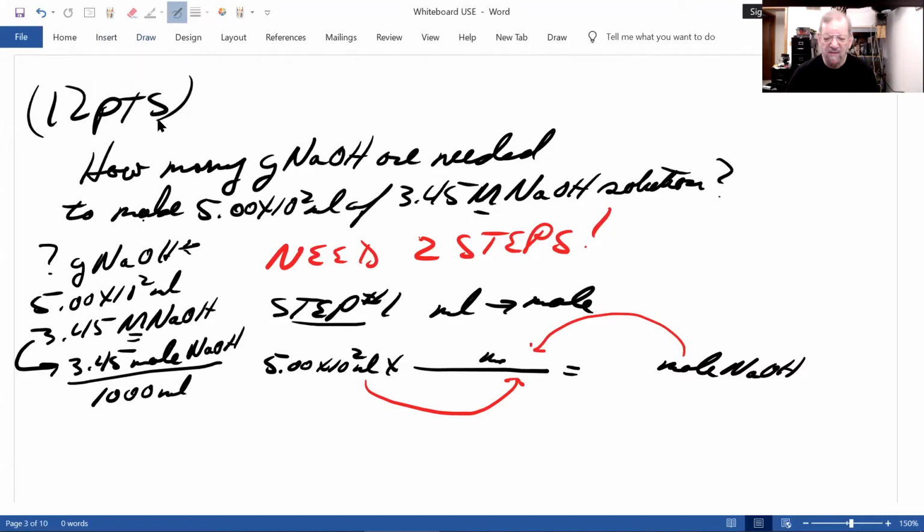And here we have moles NaOH. I have milliliters NaOH. Where do I get the numbers that go in there? Right here. I knew that this meant this, and I know now that 3.45 moles of NaOH per 1,000 milliliters. And notice milliliters divided by milliliters cancel out. I'm left with moles of NaOH, which I want.